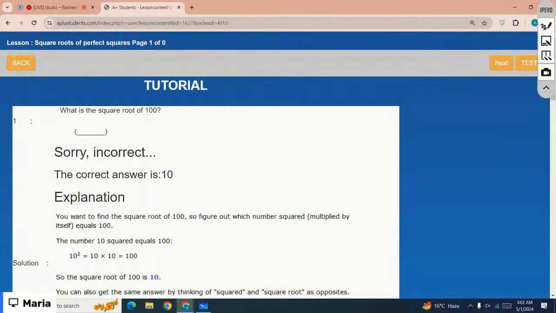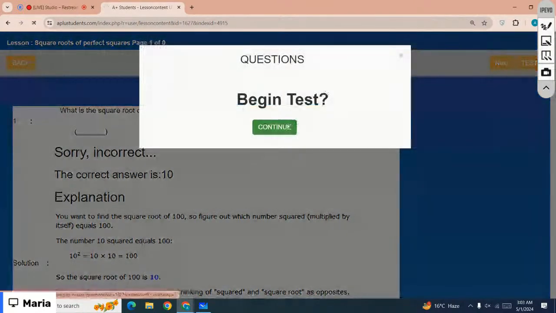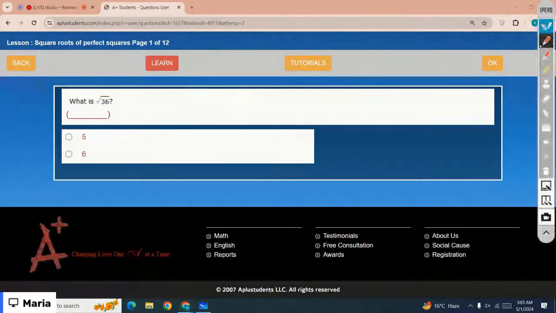Okay, let's start with the test questions. Square root of 36. You need to find a number that, when multiplied by itself, makes 36. You are given two options: 5 times 5 makes 25 and 6 times 6 makes 36.